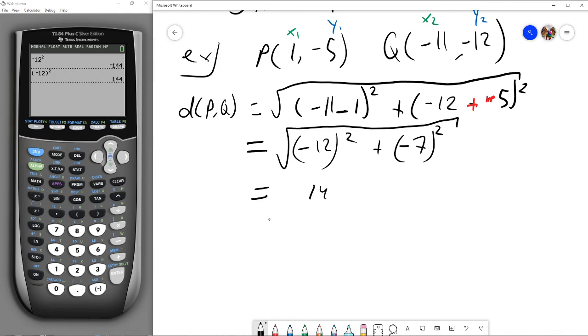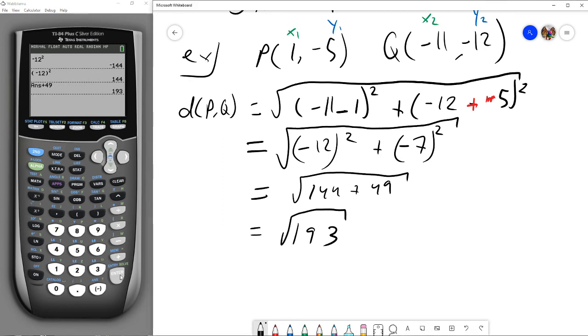So we got 144 plus 49 inside our square root, and let's figure out what that is. Here, 193 should be it. I'm going to verify 193. All right. Now 193, we can probably factor it, though it doesn't look like anything nice.